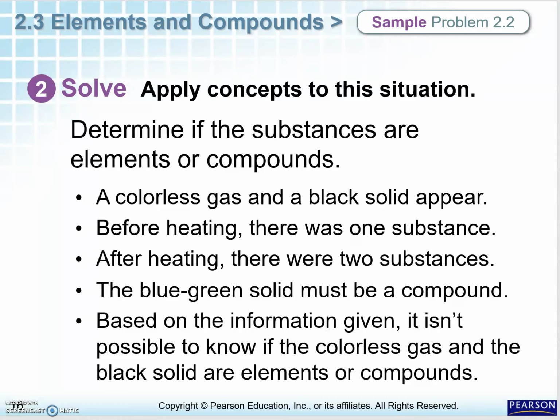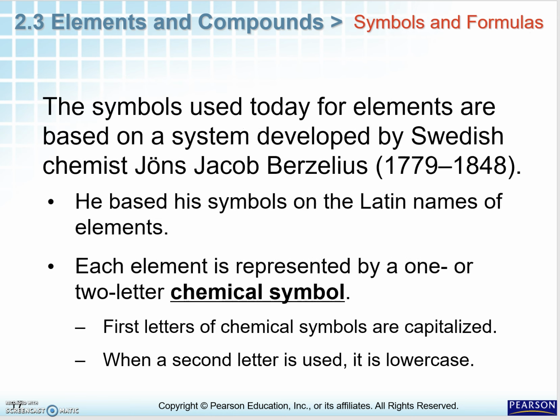However, since we don't know if the colorless gas was heated any further or the black solid was tried to be heated even more, we don't know if we can break those down anymore. So we're not sure if it's an element or if it's a compound. But for certain, the blue-green solid is a compound.